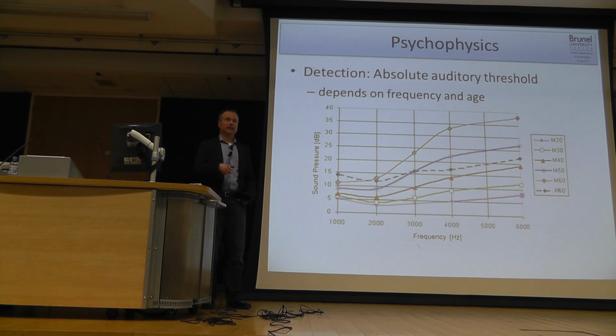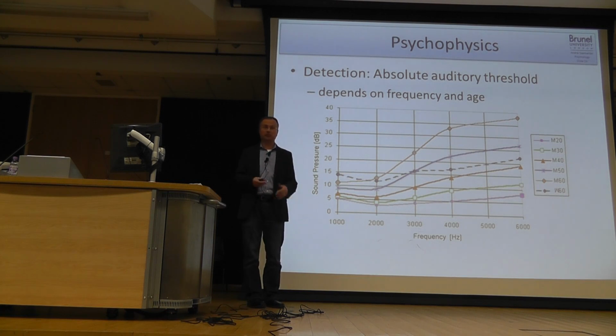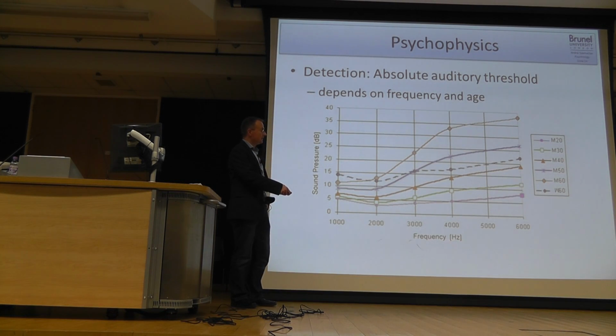And I want to illustrate something with that graph, and that is that usually we don't have one single threshold. First, the threshold is an individual measure, and secondly, even in the same person at the same time, it may depend, in this example, on the frequency of the auditory stimulus, of the tone. So people are most sensitive around 2000 Hertz in this area, and then become less sensitive for higher frequencies. Do you know roughly what that domain is? Which signal is mostly in that domain?